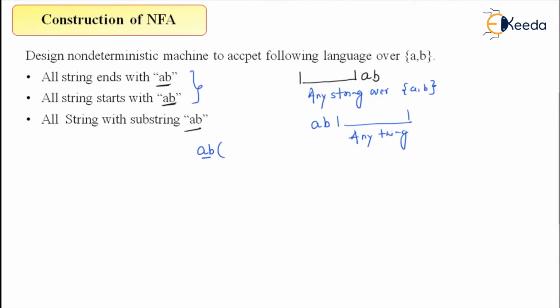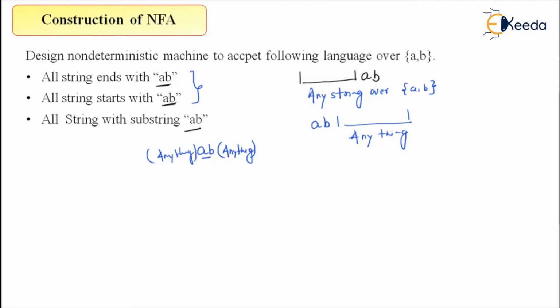It can end with anything over A and B, and it can also start with any string. That is the idea. If you have a good insight about this pattern, then your design of the NFA will be pretty easy. Let me translate a few things here.